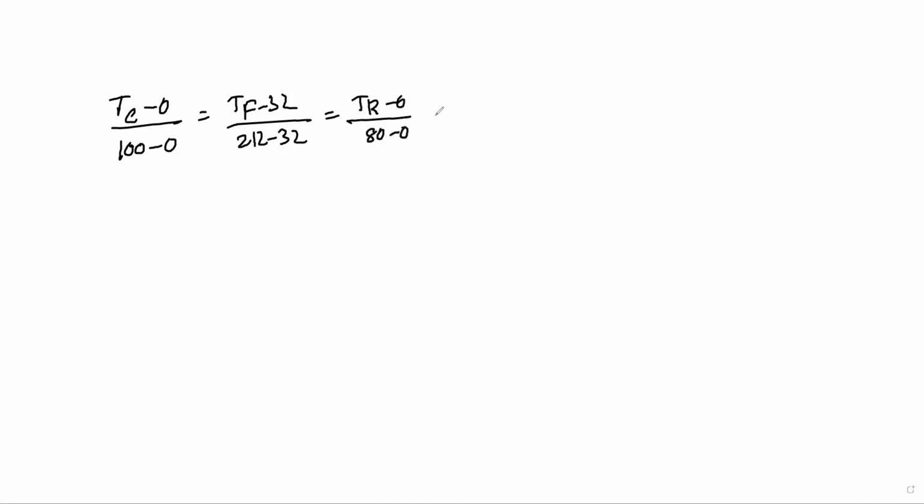As per that, degree centigrade minus 0 by 100 minus 0 is equal to TF minus 32 by 212 minus 32, is equal to TR minus 0 by 80 minus 0, is equal to TK minus 273.15 by 373.15 minus 273.15.